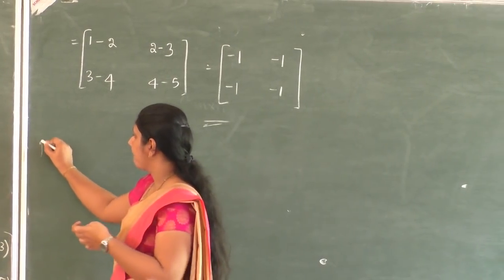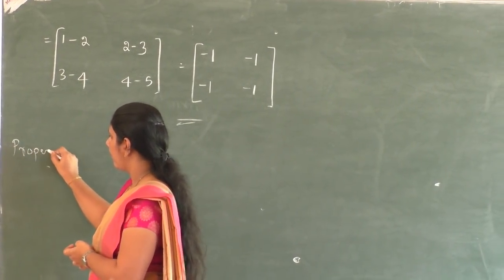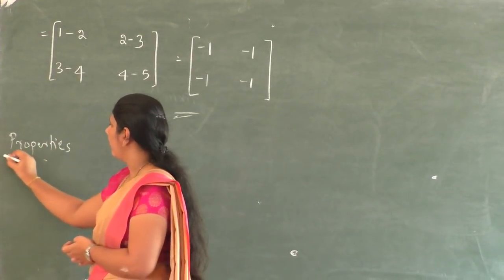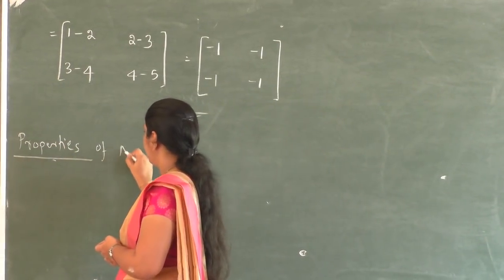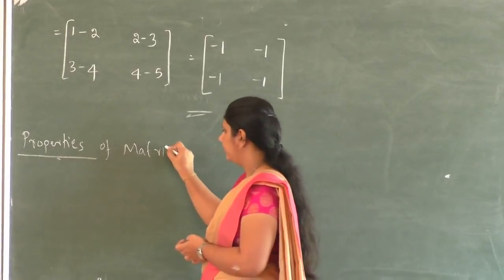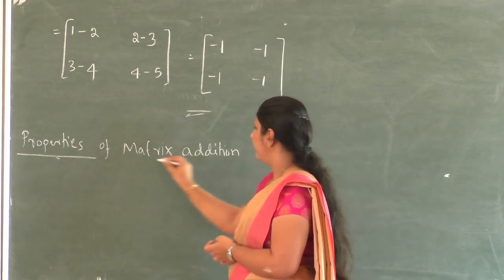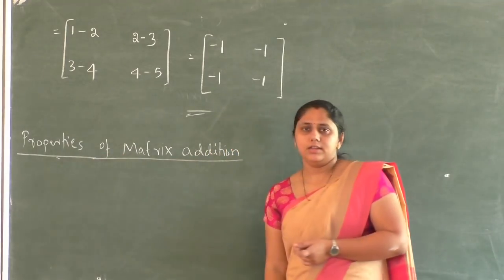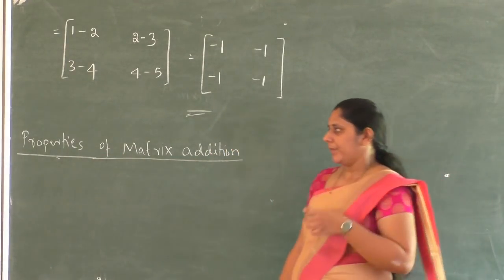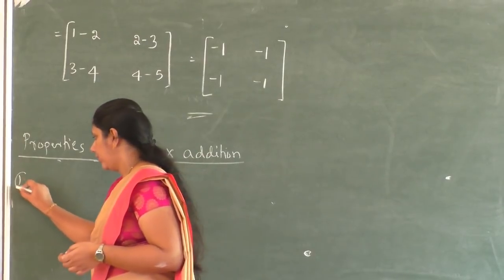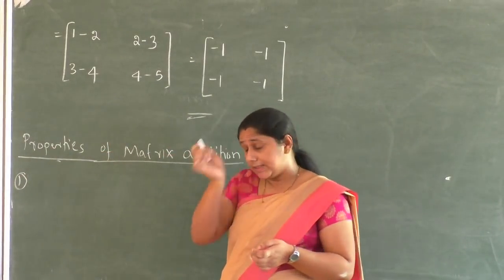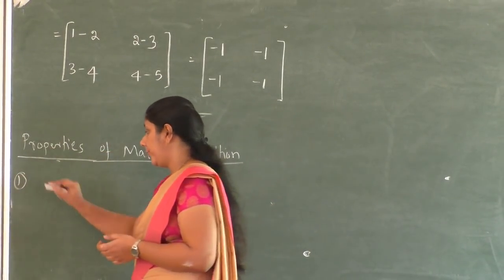Now let us know about some properties of matrix addition. The first property is the commutative property.